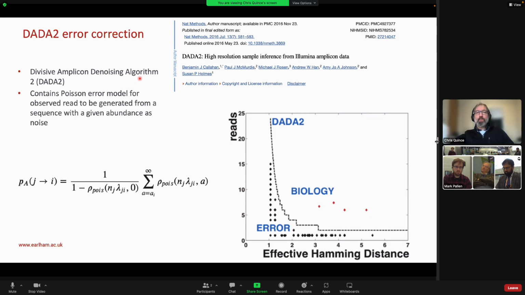And it has a simple Poisson error model, and it calculates the probability that you could have generated that sequence from one of the sequences you've designated as true through chance, giving an error model that also takes account of sequence quality, etc. And then it just moves through the sequences, deciding, is this noise, is this error?